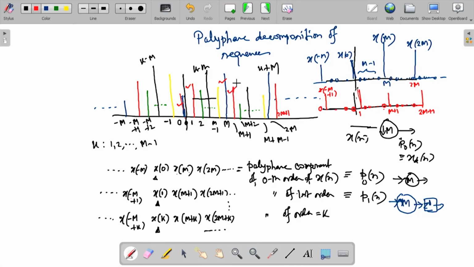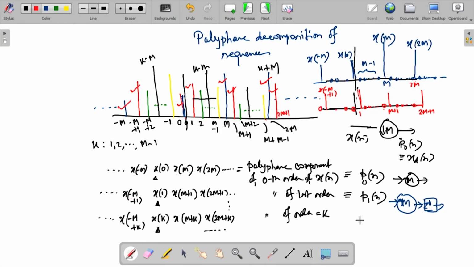Likewise there are again zeros, then x[2M] comes with a 0 here, so x[2M] will come up, and again 2M plus 1. Similarly here also, minus M, this will come up, otherwise in between zeros.